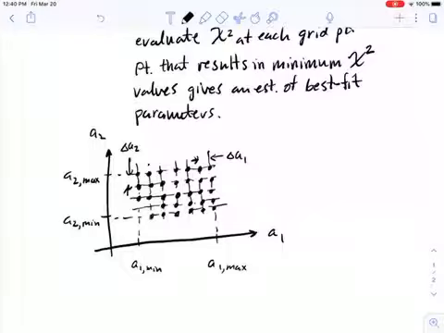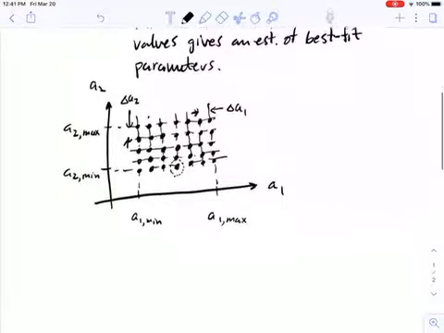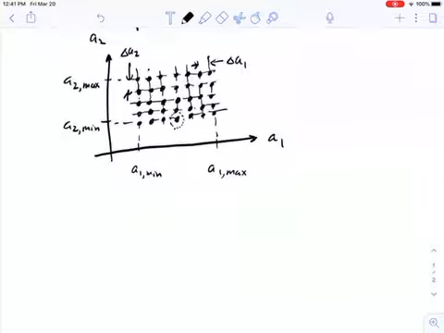Just one thing to mention is if you found that where you got the lowest value of chi-squared was somewhere on the boundary, that would be a bit of a red flag, because what you might think is, well, what if I made A2 a little bit smaller? Is chi-squared going to decrease again? And so generally what you don't want to see is that your best fit parameters are up against the boundaries of either A1 minimum or maximum or A2 minimum or maximum.